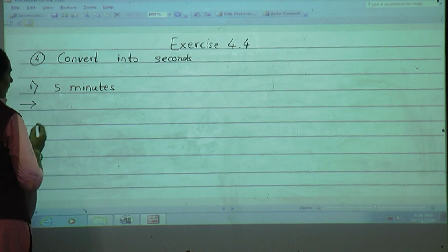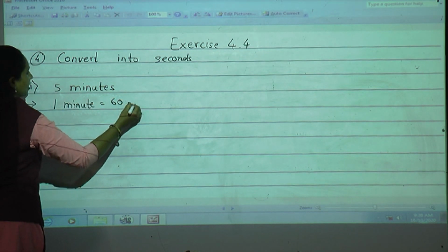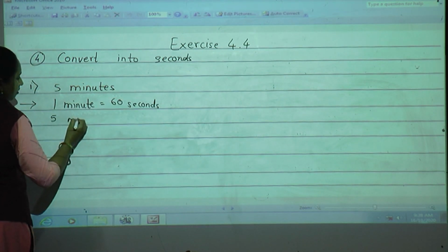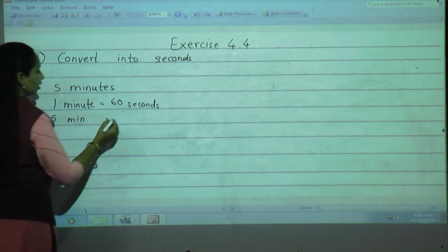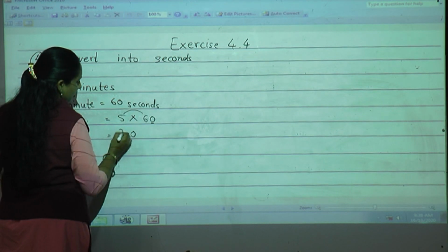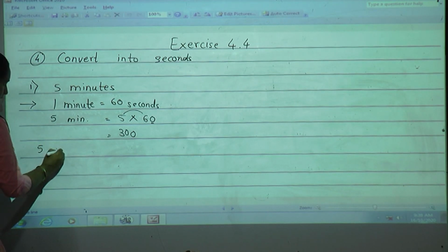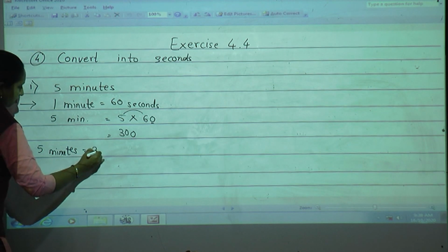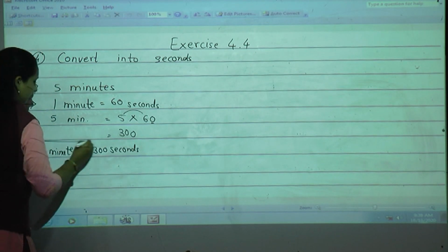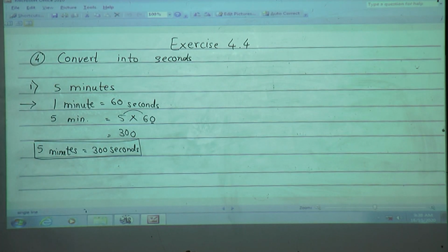We have studied that 1 minute is equals to 60 seconds. So in the same way, 5 minutes is equals to 5 multiplied by 60. So 0 as it is, 5 6 are 30. This is the answer of 5 minutes. 5 minutes is equals to 300 seconds. Clear? Do the bracket with scale and pencil.